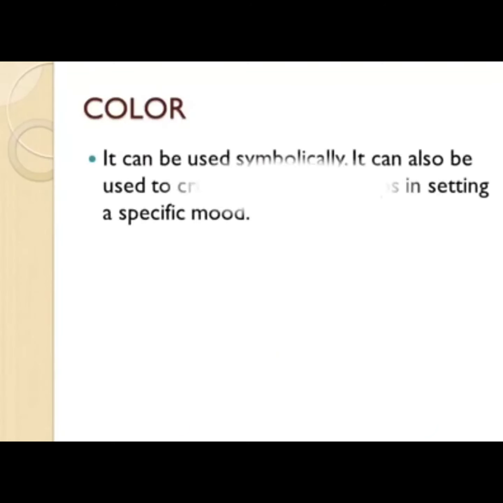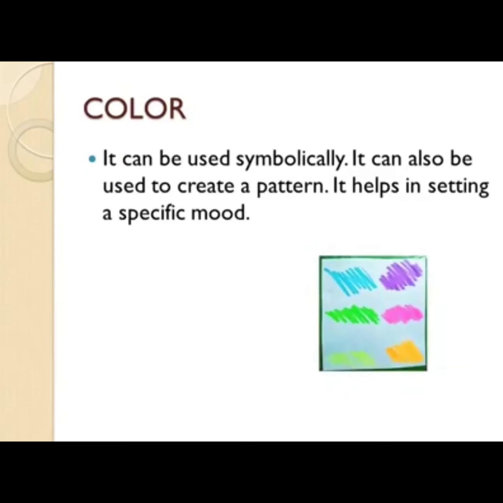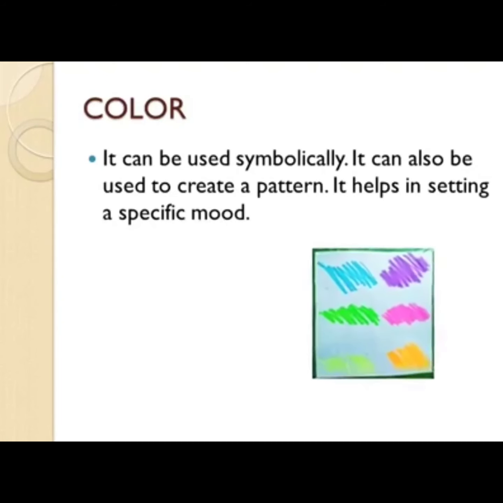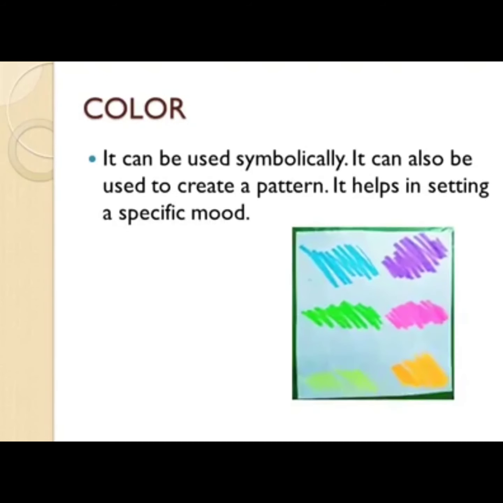The next element is color. Color can be used symbolically. It can also be used to create a pattern. It helps in setting a specific mood. So we also learn this when we are still young. Actually, it can help us to symbolically set a specific mood. So if a person is sad, you can say, "Oh, that person is blue."